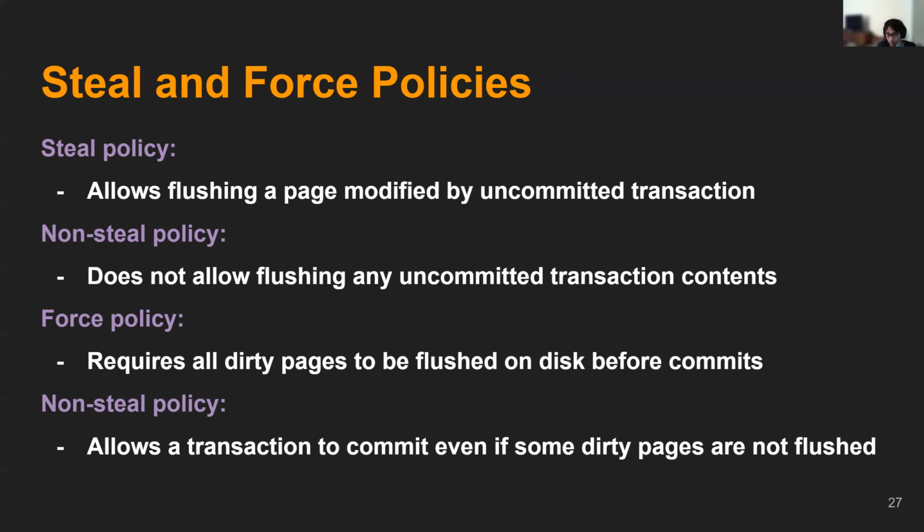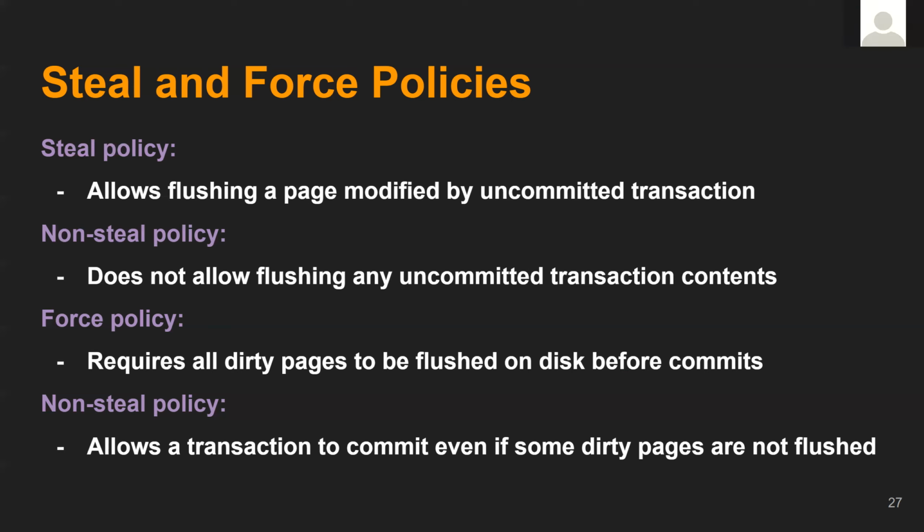I can think of one simple reason for why we need a steal policy. If you don't flush them during the transaction, and the transaction is super long with so many modifications, then you have to flush everything once you commit at that later stage, and that might have some performance overhead.